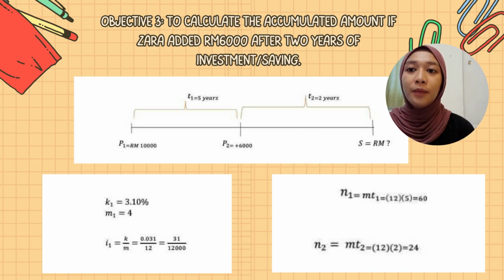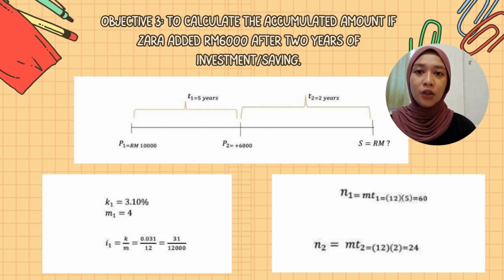So the T1 for P1 until P2 is 5 years, and the T2 for P2 until S is 2 years. So we need to find S. Then we need to find K1, M1, I1, N1, and N2.